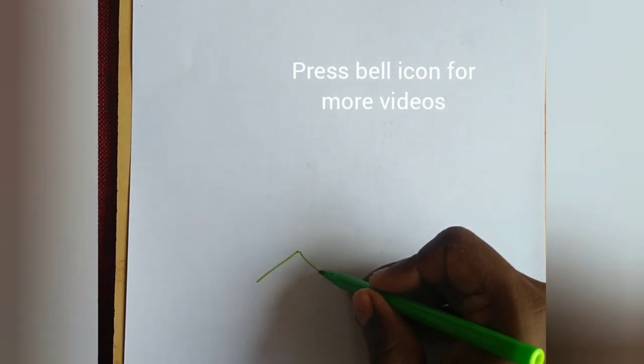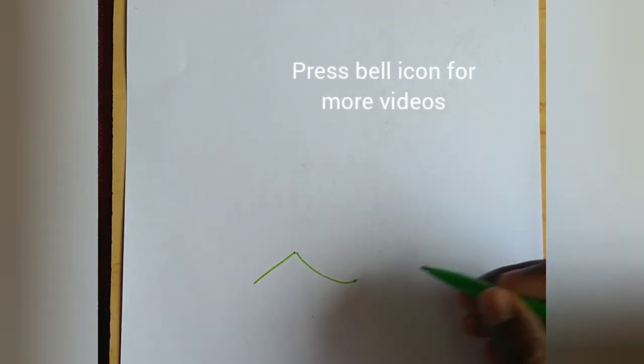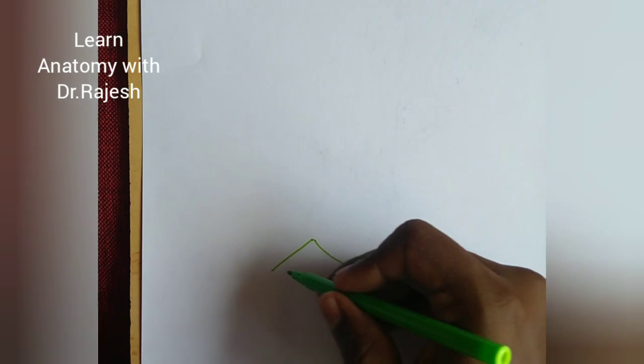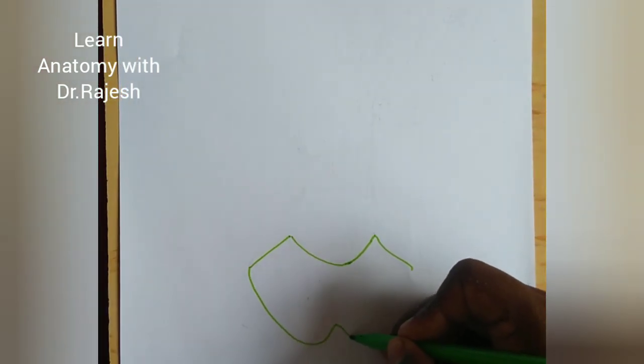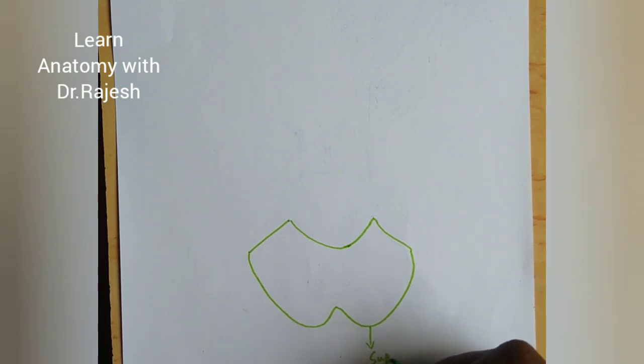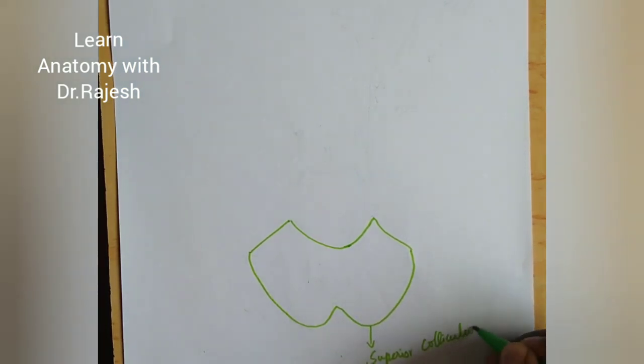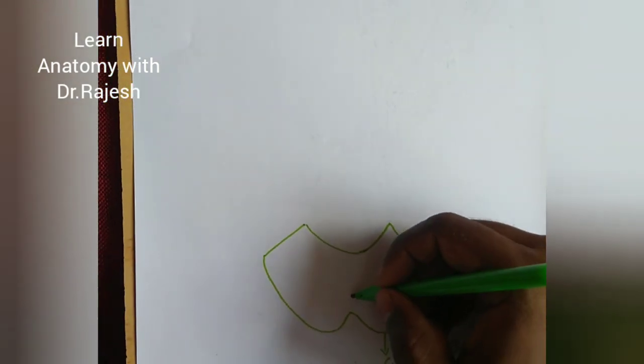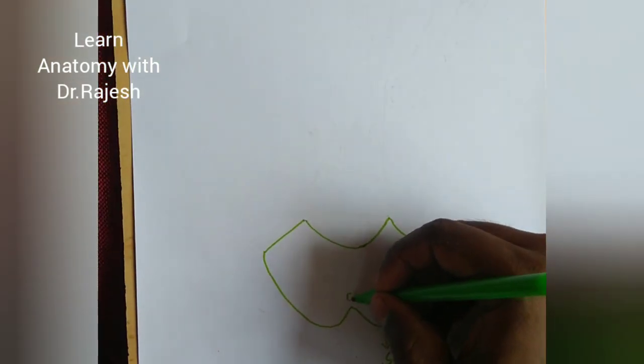First, let's draw the midbrain at the level of the superior colliculus. So this is the section of the midbrain at the level of the superior colliculus. Here we have the aqueduct.